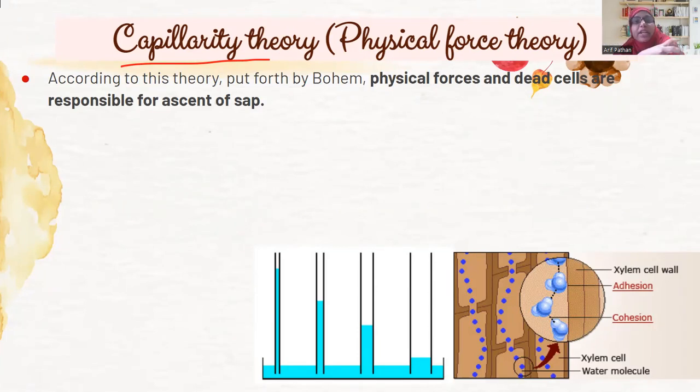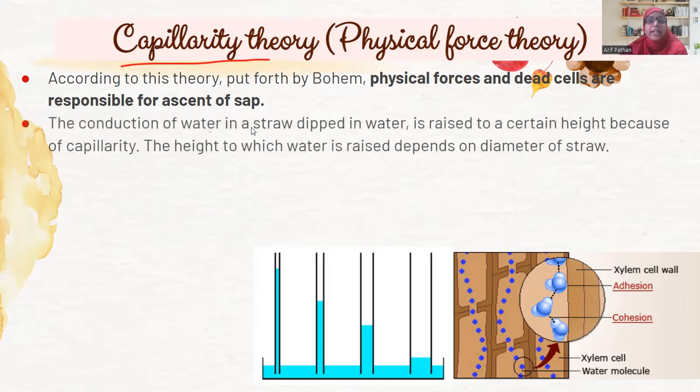Root cells actively absorb water and create a pressure, which helps the xylem translocate and conduct water to different parts of the plant. So there, actively living cells; here, with capillarity, the opposite: dead cells are responsible for ascent of sap. This is talking exactly opposite.